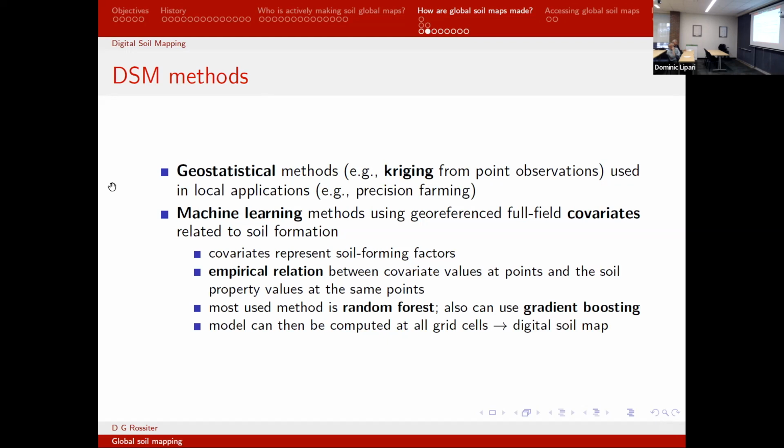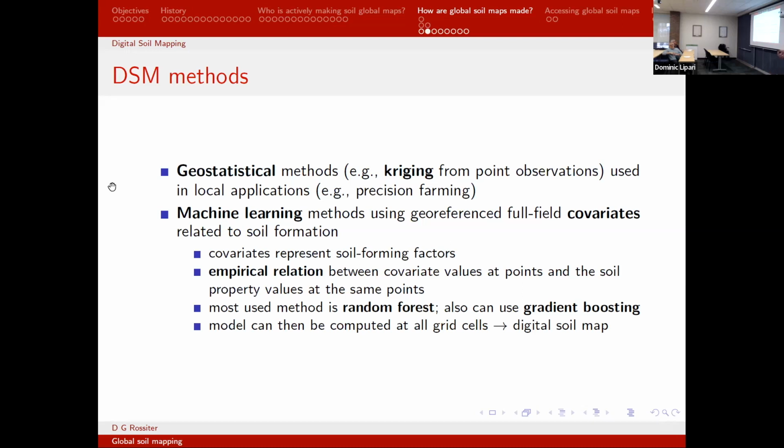The idea here is that the covariates we pick represent soil forming factors. So we know that temperature, just to take an example, has a large effect on the carbon budget, right? At really high or low temperatures, moisture, that kind of thing, position on the slope. Things that we know from soil survey and from our theory of soil formation should have some relation.